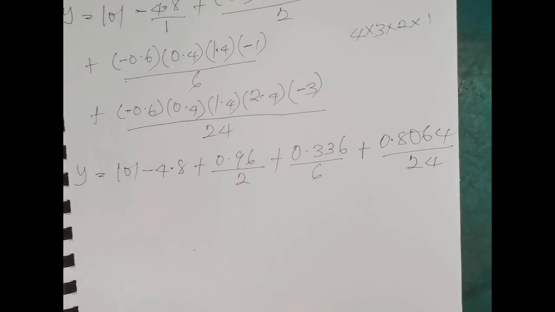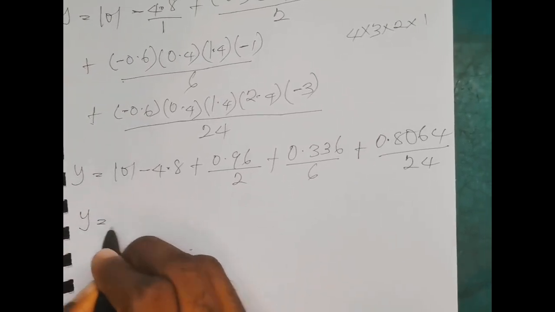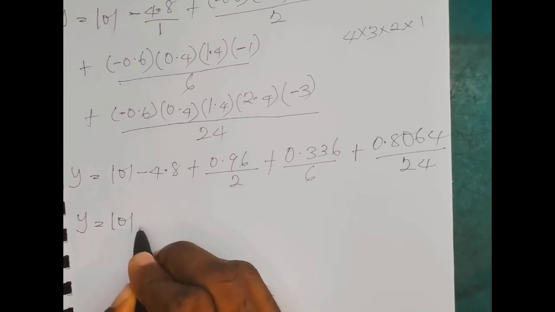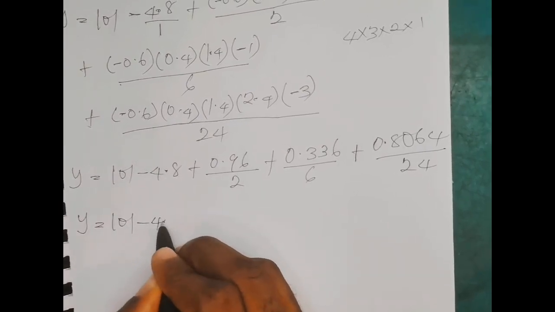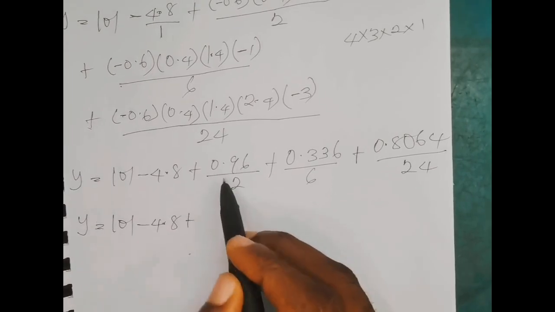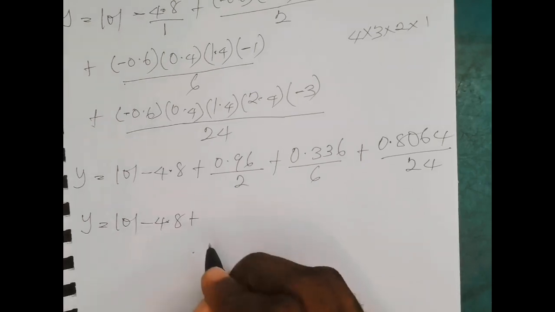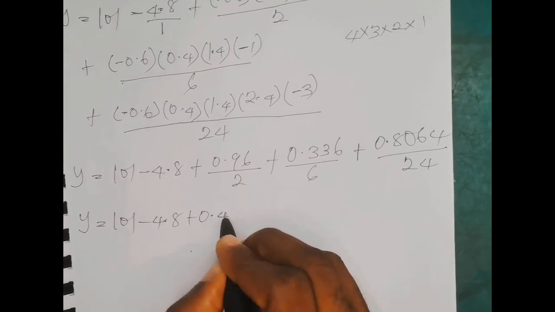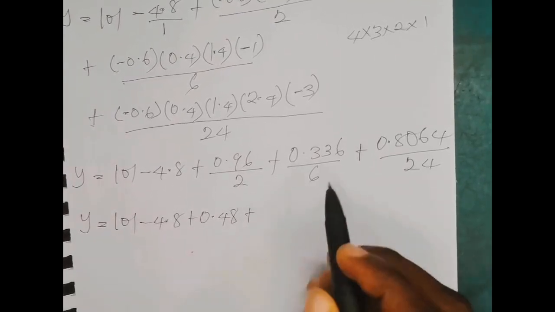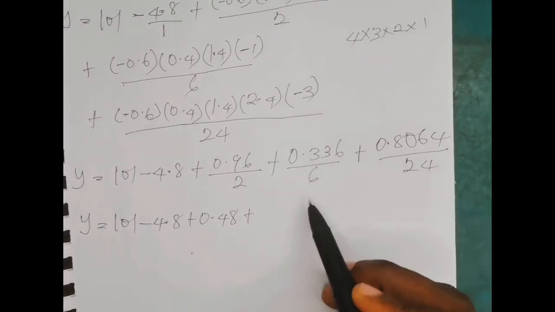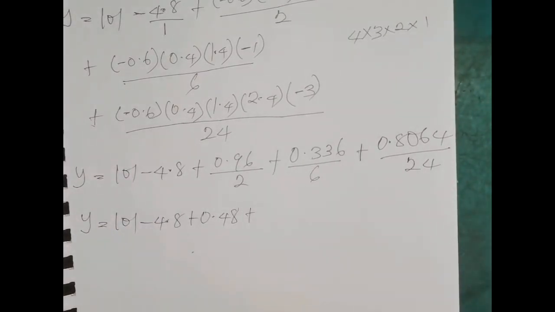So let's evaluate all these values now. y is equal to 101 minus 4.8 plus, let's find 0.96 divided by 2. This simply gives us 0.48, plus, let's find 0.336 divided by 6.